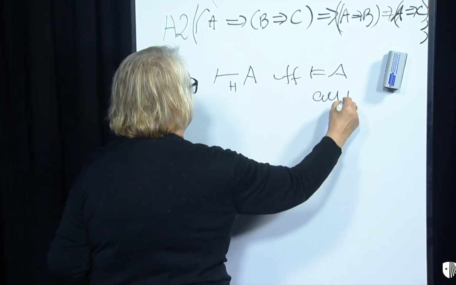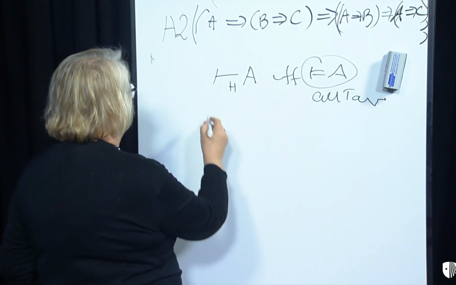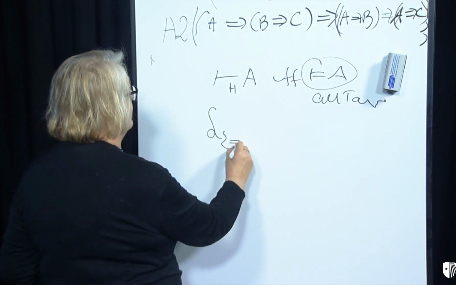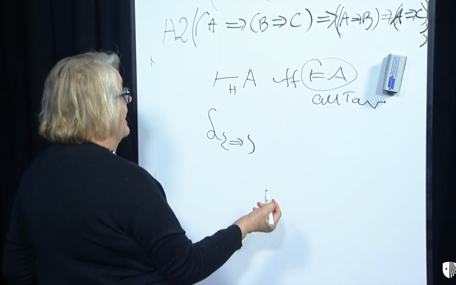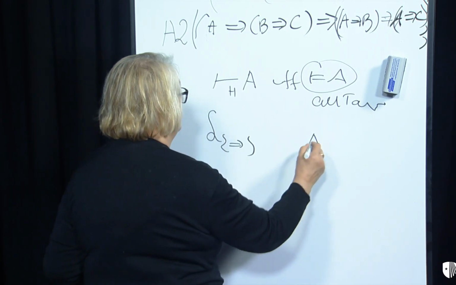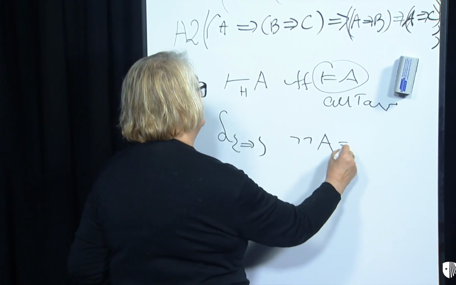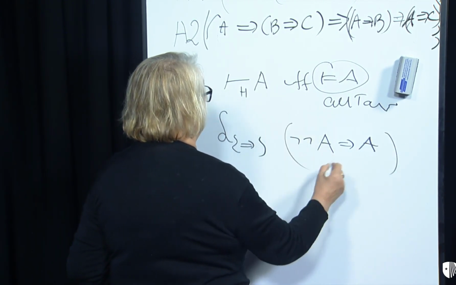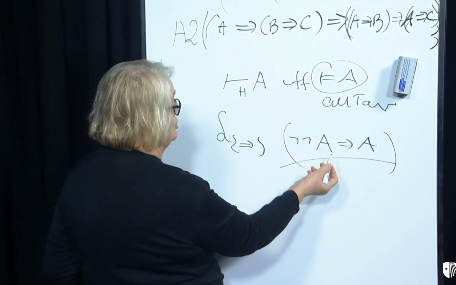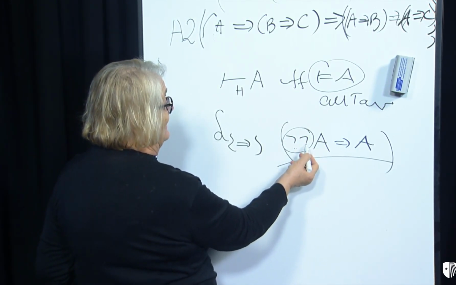So all tautologies must have a proof. But our language contains only implication, and for example, you have a tautology, what I gave you here, not A implies A. It is one of the basic tautologies, but it has negation.